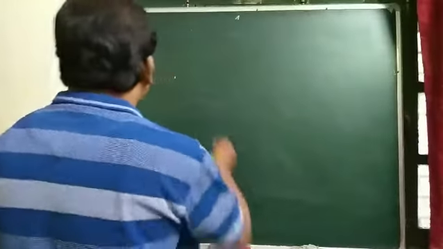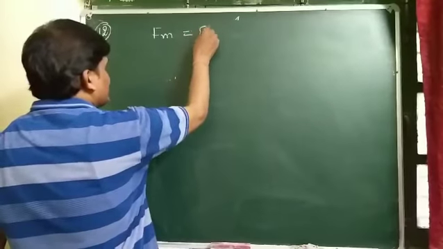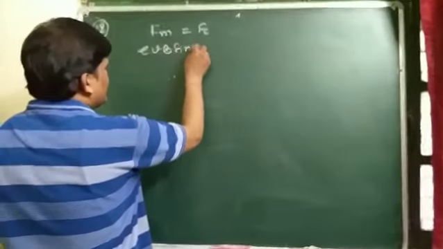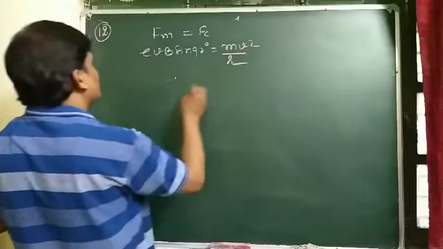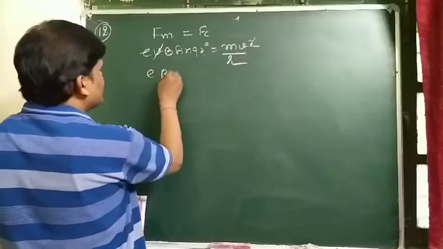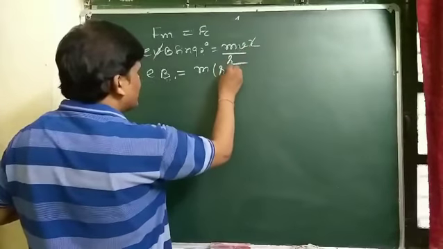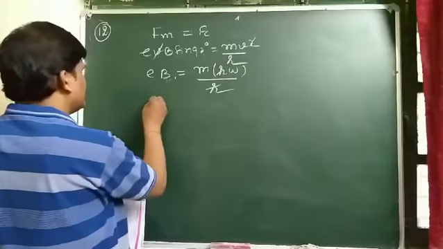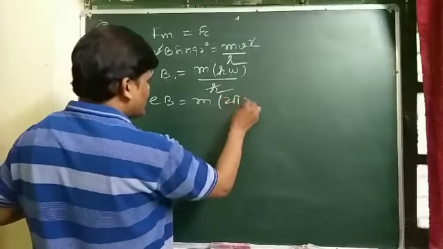So student, we already know that the magnetic force equals the centripetal force: evB sin 90 equals mv squared by r. Sin 90 is 1, so eB equals mv by r, and in place of v we put r omega. So r cancels out, eB equals m omega, which is m times 2 pi nu.